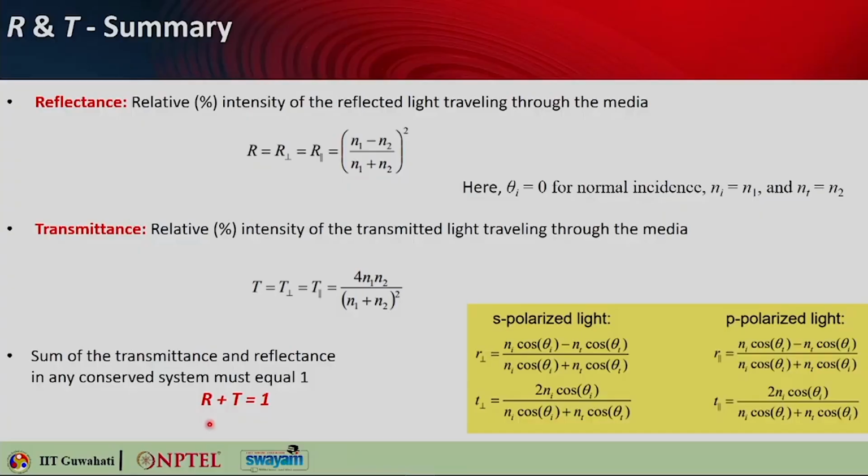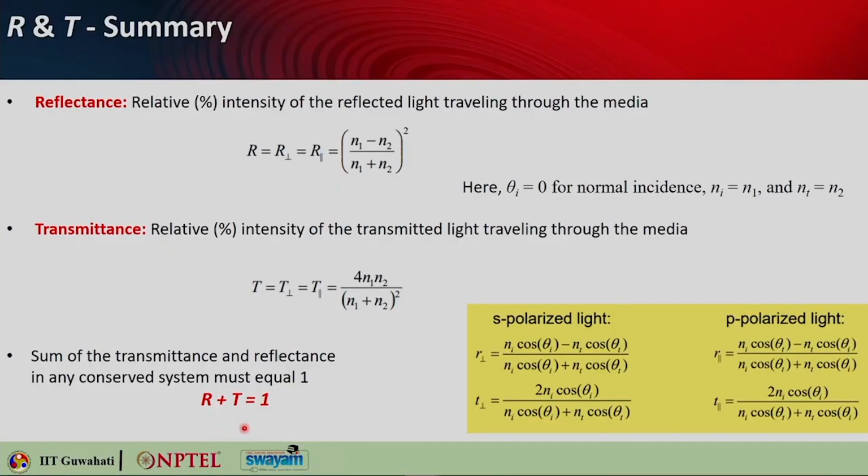So the reflected power and transmitted power will be equal to the incident power, or you can say reflectance plus transmittance will be equal to 1, which is not true for small r and small t. This is only true for capital R and capital T. So this is the summary of the reflection and transmission coefficients using the Fresnel equations.